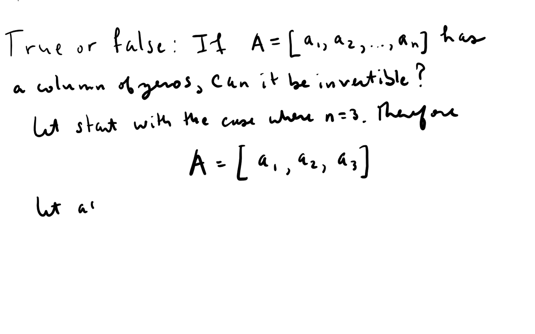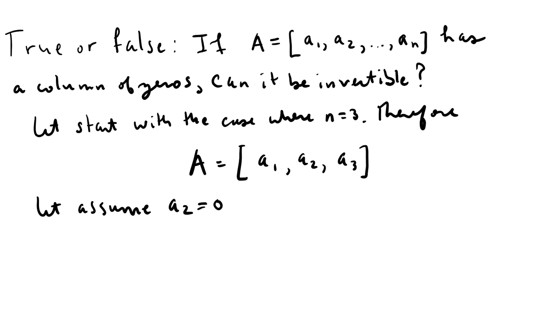Again, the goal is just to simplify the argument, but not simplify it so that it would not apply to any matrix. I want to keep an argument that would still apply even though it would be A1 that would be the column with all zeros.